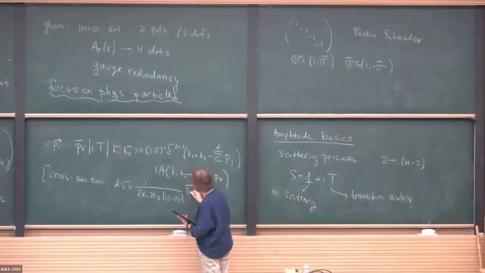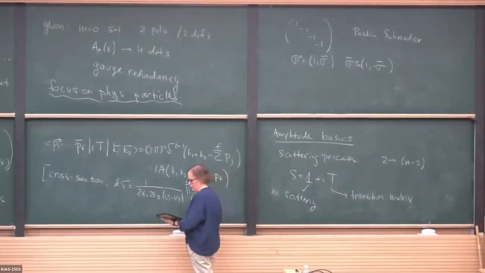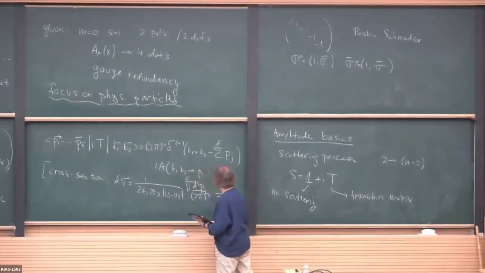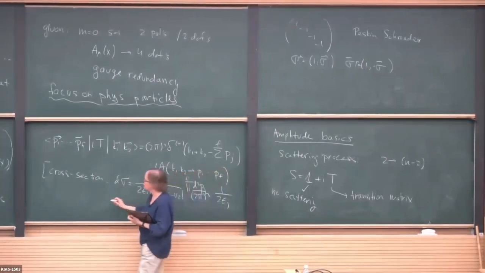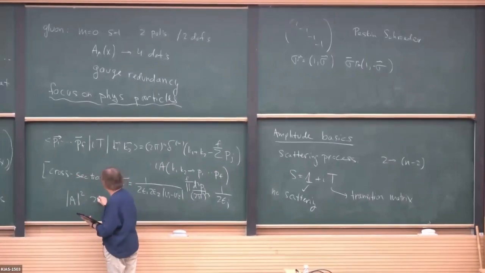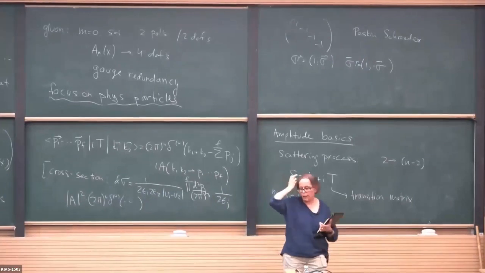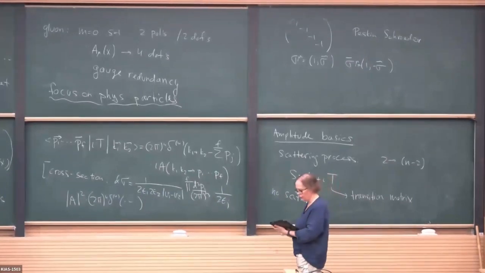We have the phase space, d^3 P_j over (2 pi)^3, and finally 1 over 2 E_j. And then we have A squared times the delta function for momentum conservation. So the cross-section is related to the amplitude absolute value squared.